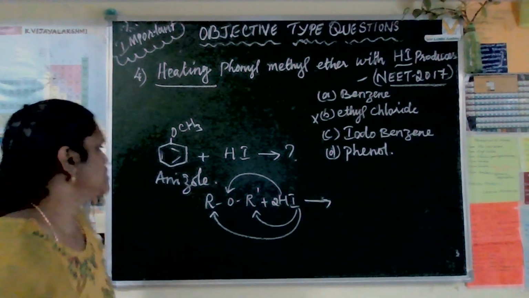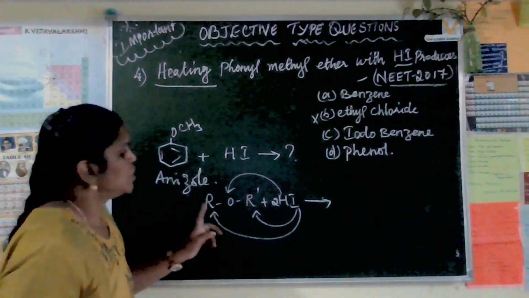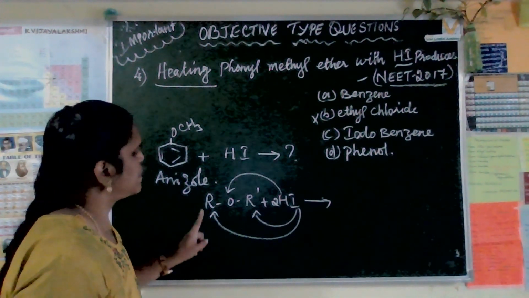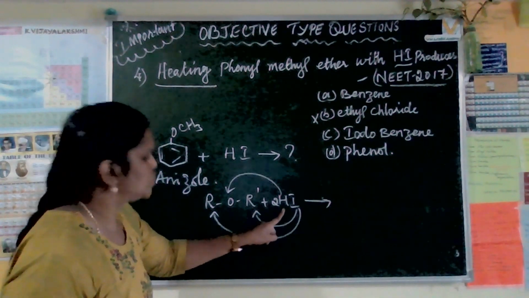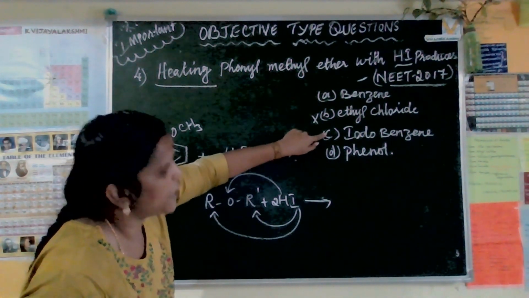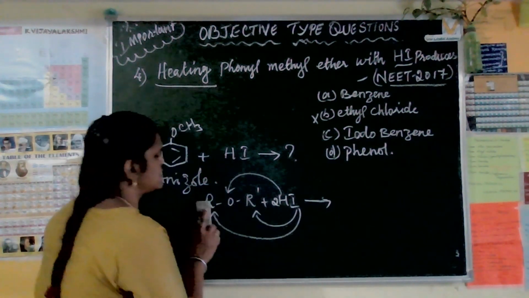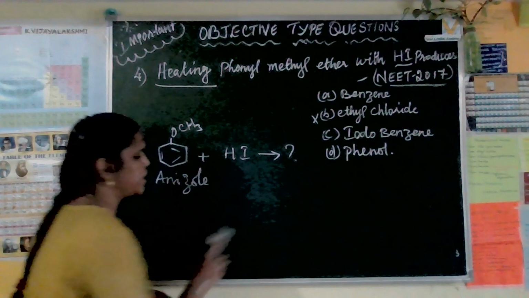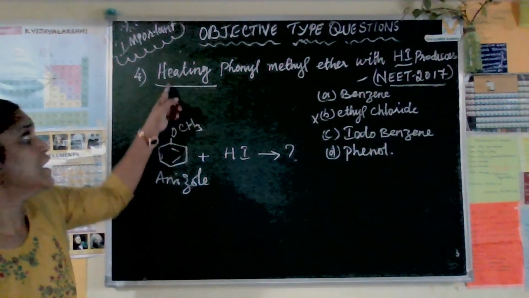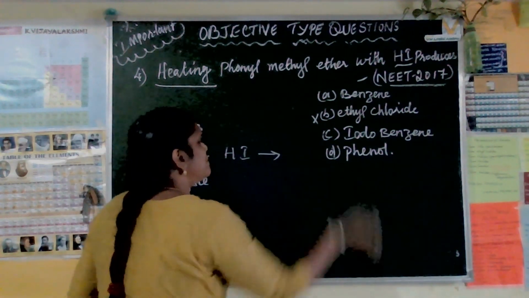So what you are thinking will not be correct. Ether reacts with two molecules of hydrogen iodide, so you may get iodobenzene. You may think that, but that is not the correct answer, because they have mentioned high temperature. So here it will go by the mechanism.